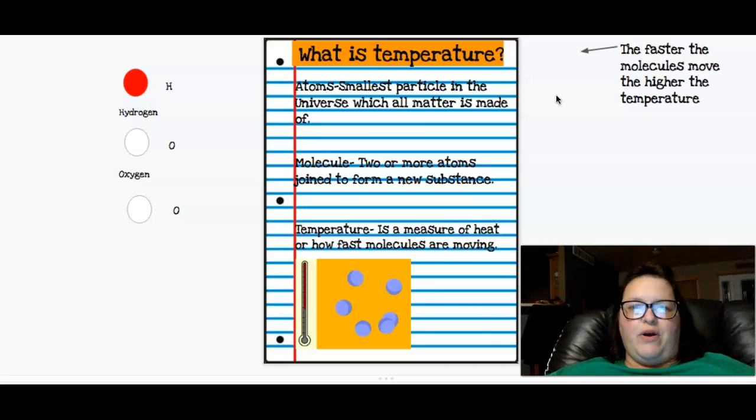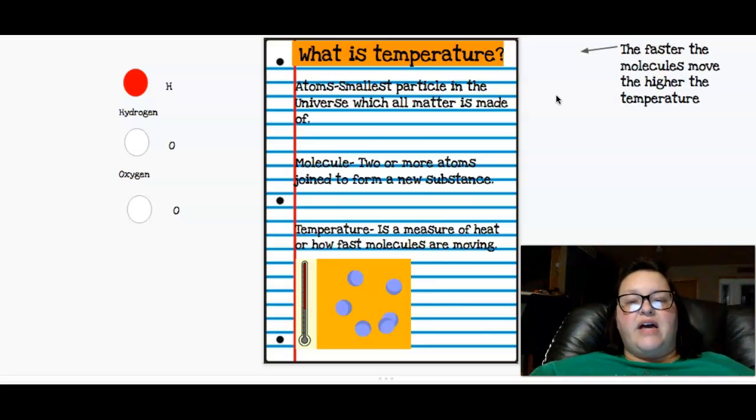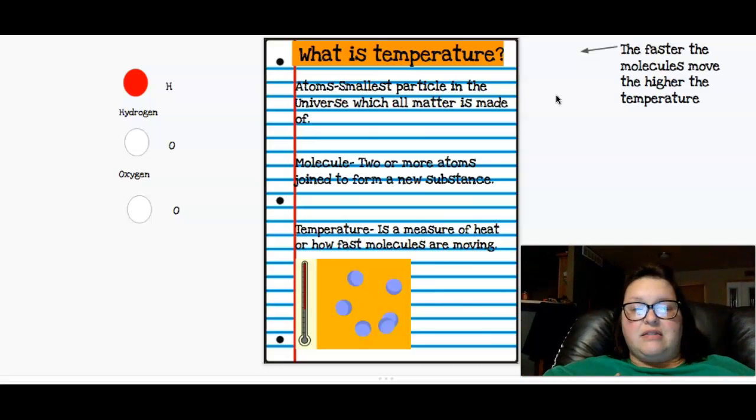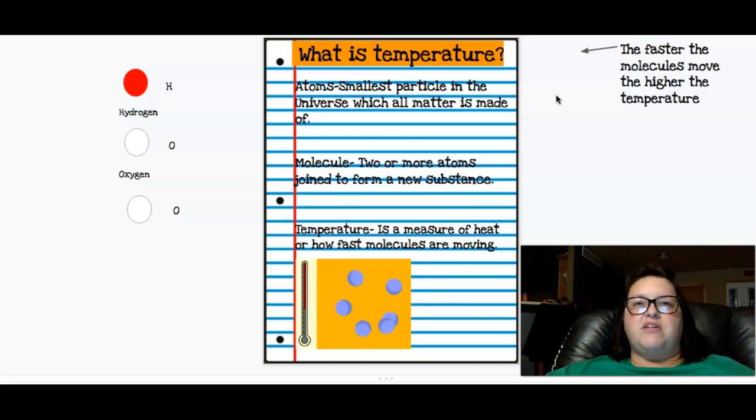What is temperature? Well, we all know it's getting cold outside, and the temperature was maybe 60 on Monday, and it was rainy, so we know the temperature was cooler than Sunday because I even had the air on Sunday. So we know that temperature affects our weather. We can think of temperature in a lot of different ways too.